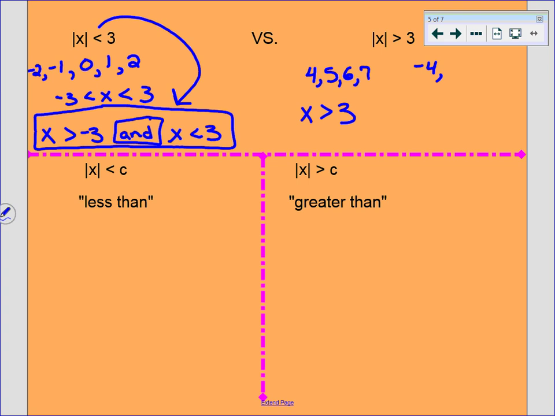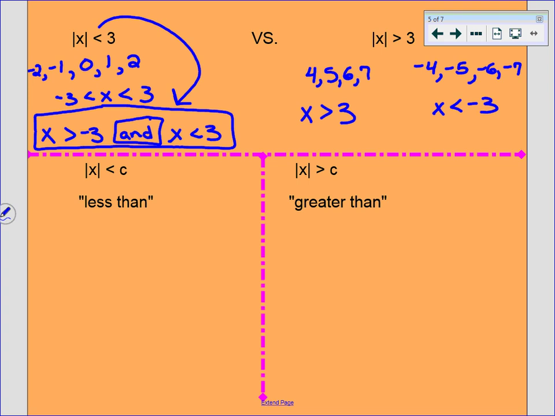Because negative 4 would work. Negative 5 would work. Negative 6 would work. Negative 7 would work. All of these negative numbers would still work. So what we now have is also x is less than negative 3.